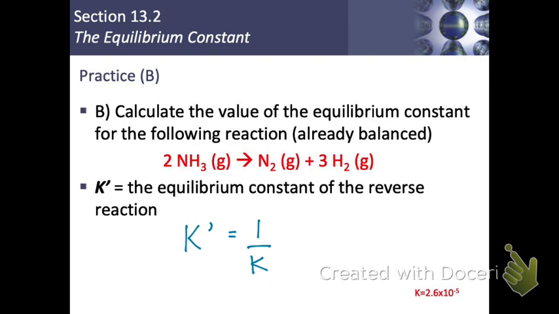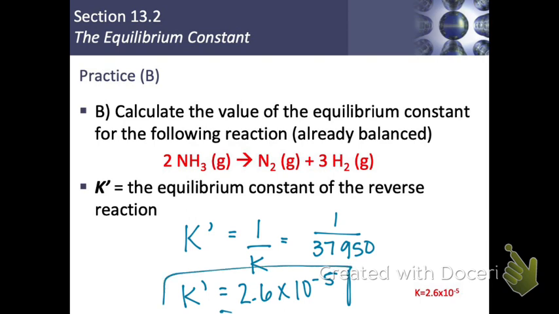So we could have plugged it in and solved for K prime using our other concentrations, but instead we can just take 1 over 37,950, and we get K prime equal to 2.6 times 10 to the negative fifth.